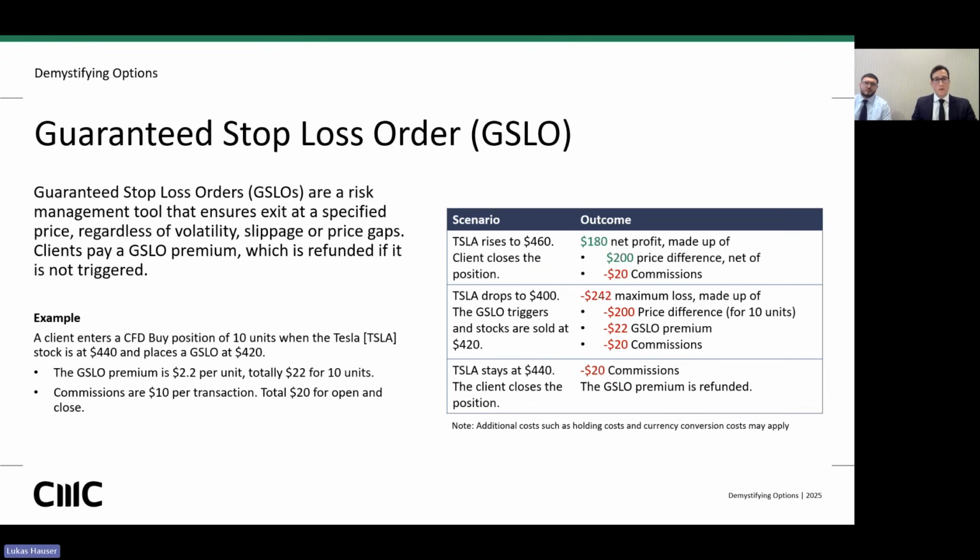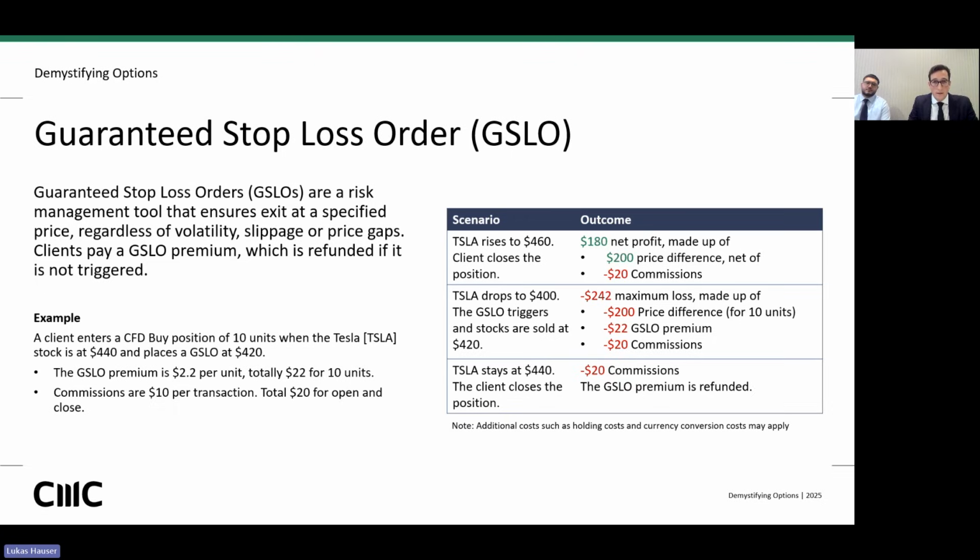If the Tesla stock drops down to $400, however, then the GSLO would come into play. And instead of selling at $400, this order would trigger at a price of $420. This leads to a maximum loss of $242, which is made up of $200 price difference between the 440 where we started and the 420 GSLO level.